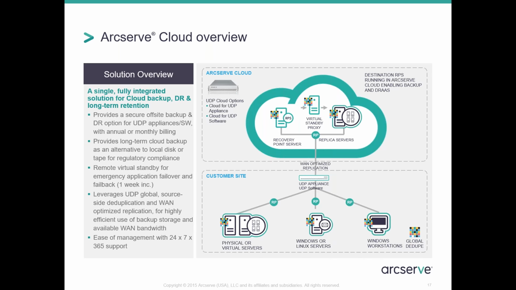As well as giving you a cloud-based virtual appliance to replicate to with the same storage capacity, you also have a Hyper-V layer that we can use virtual standby to provision into. Even if you buy a software license, we can also sell you the Arcserve Cloud, but we simply measure it on the amount of deduped data you're going to be uploading to the cloud.